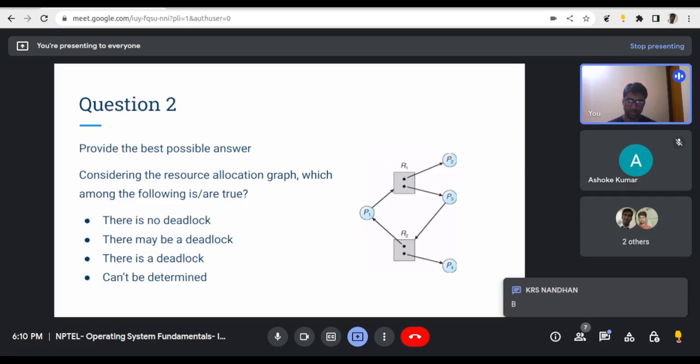Okay, I have one answer. I have two answers. Anyone else? Okay. So this is a question from Galvin, the book from Galvin.